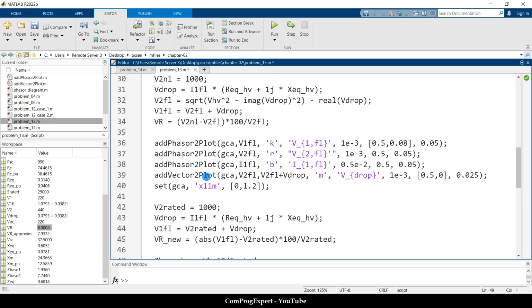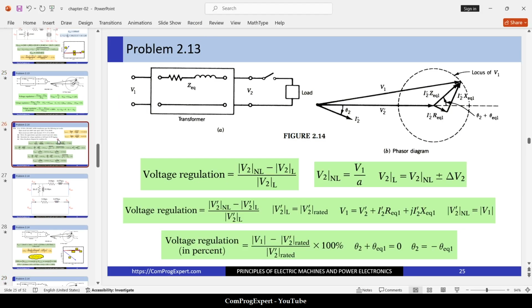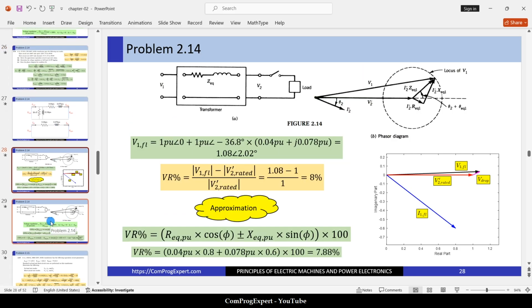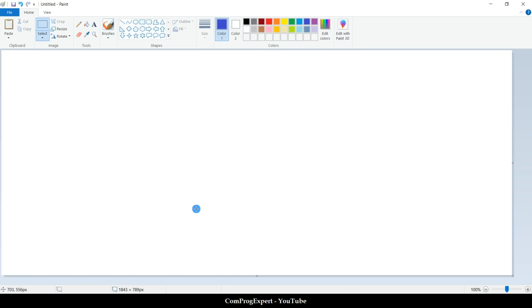Okay, to compare these methods, we calculated the voltage regulation using two methods in problem 13 and one new method in problem 14, this equation. So here in this for loop, I change the value of the phi from negative 90 degrees to 90 degrees, for a pure inductive load to a pure capacitive load.